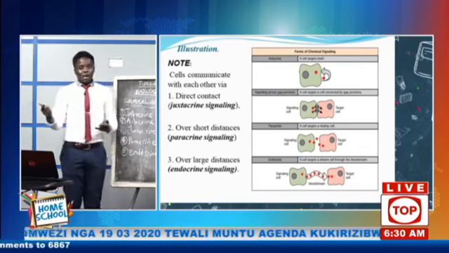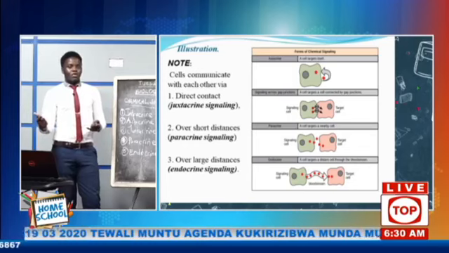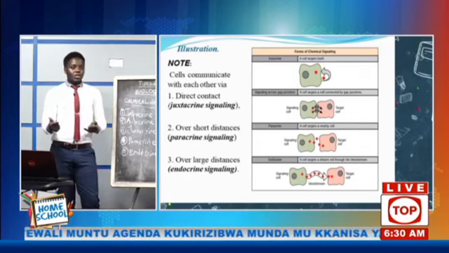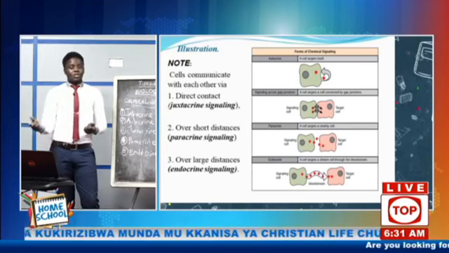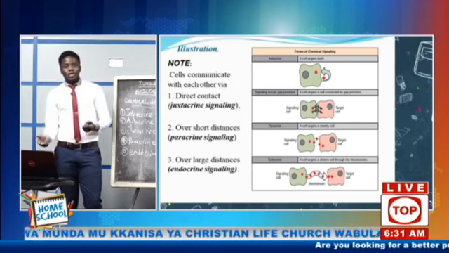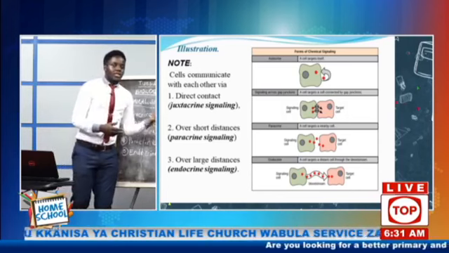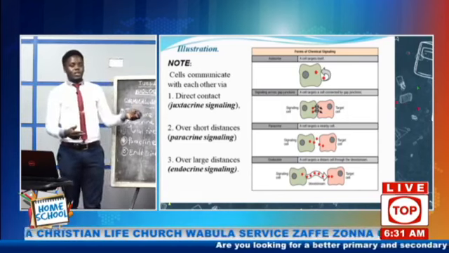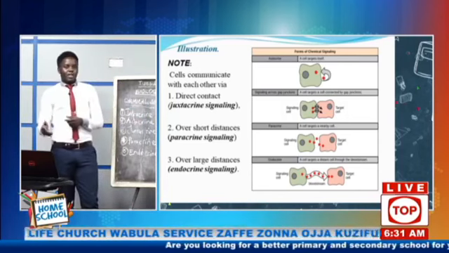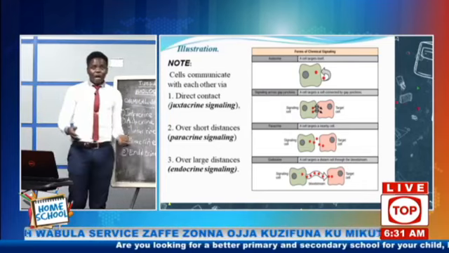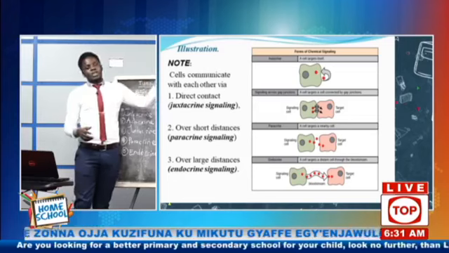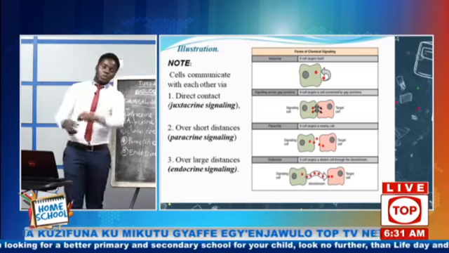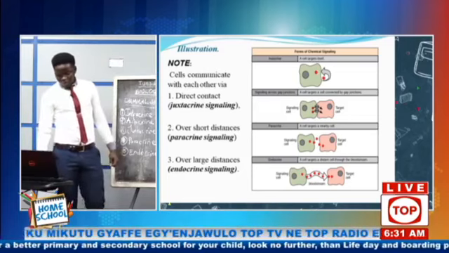We have juxtacrine, where signals go through gap junctions. Then over short distances, paracrine signaling, where a stimulating cell is near the effector cell. Then over large distances, a signal travels through blood to where it is going to have effect.